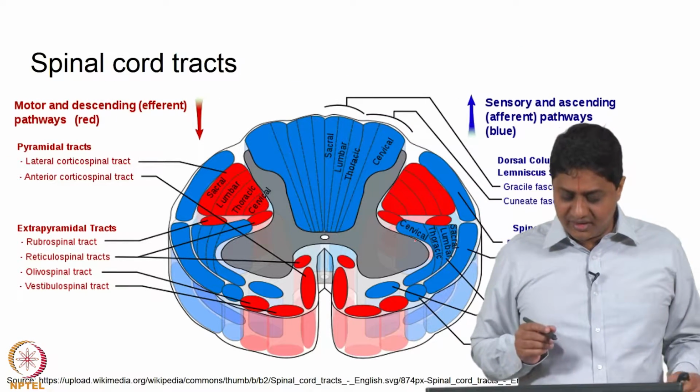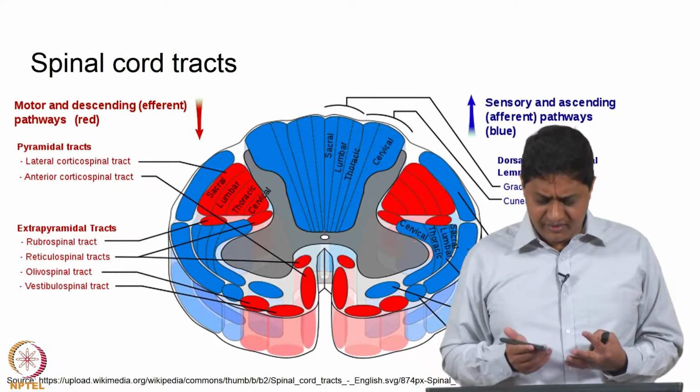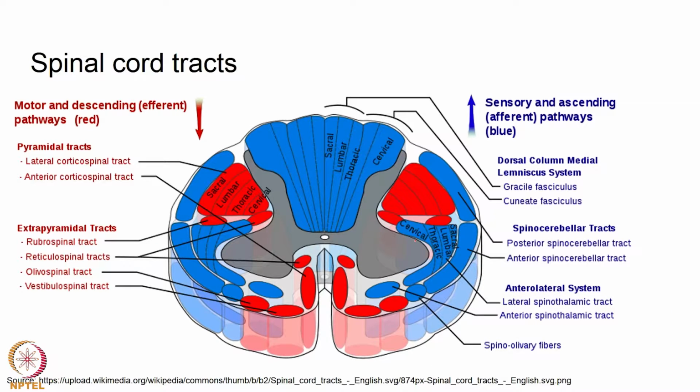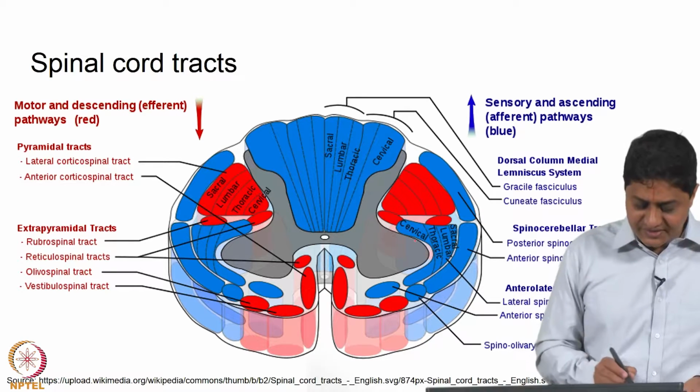So, here is a topography, a rough map. This is not perfect, but a relatively reasonable topography of how information from various segments of the spinal cord is routed. You see different tracts coming from different places.